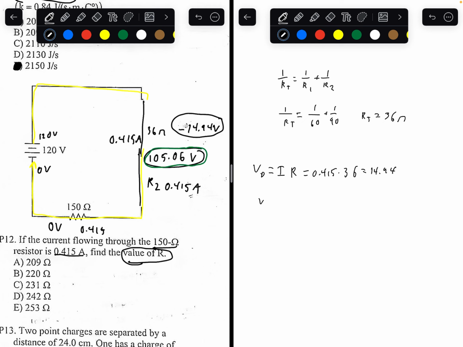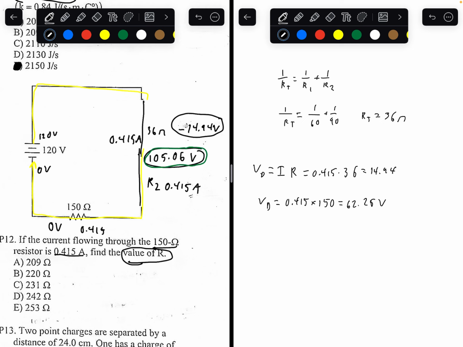So using the voltage drop formula again, we do 0.415 times 150. You would get 62.25 volts.